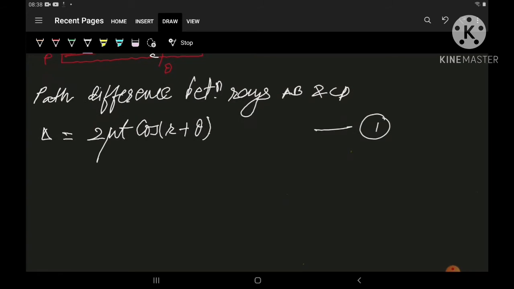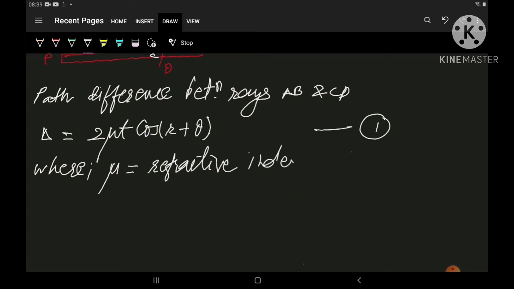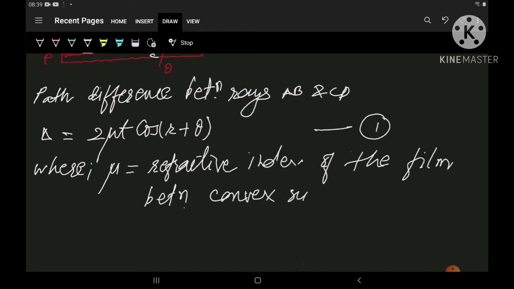Because we are using this formula directly, let's give the explanation. Here mu is the refractive index of the film between the convex surface and the plain glass plate.